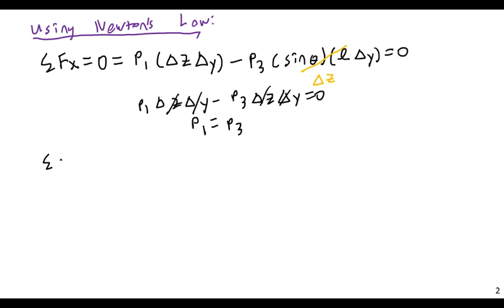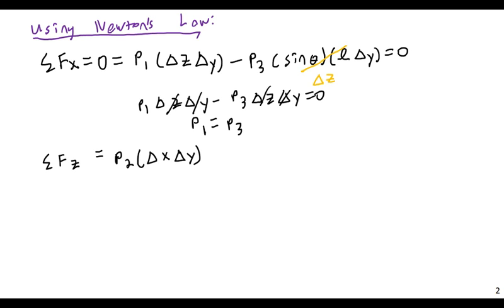If I do a sum of forces in the z direction, this is going to be P2 times delta x delta y. And in this little element of fluid that we're considering, it's important to take into account that this is small. In other words, this is a differential element.